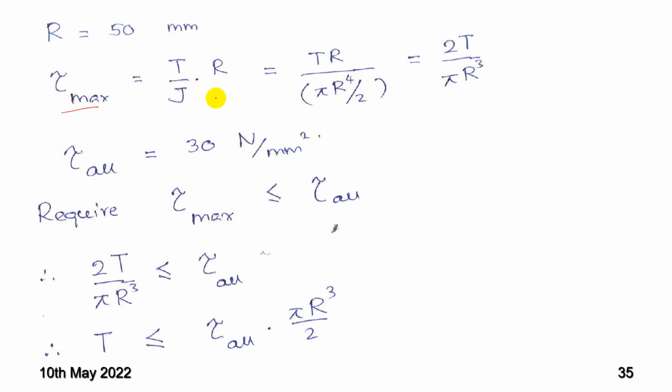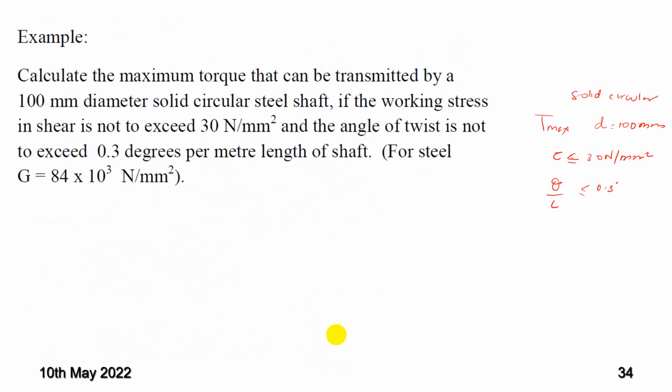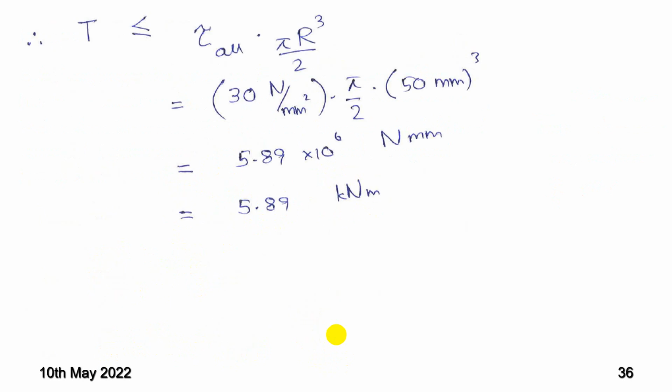Tau max is T over J into R, and if you substitute J is equal to pi R to the 4 over 2, you get this equation. Here the allowable stress is 30, so tau max should be less than or equal to tau allowable. If you substitute in this equation, you get T should be less than or equal to tau allowable into pi R cubed. R is known, tau allowable is known, so you can substitute the values and get a torque value of 5.89 kilonewton meter.